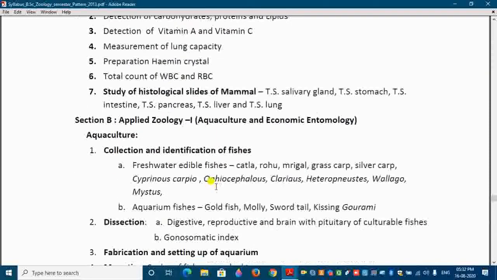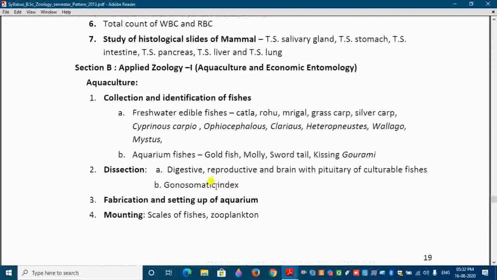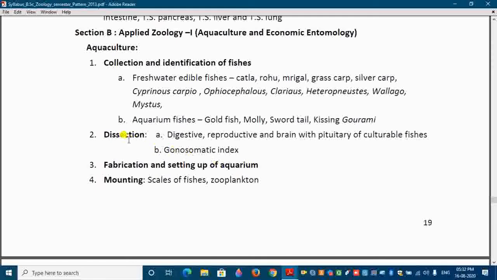Then in section B, applied zoology, on aquaculture, there is collection and identification of fishes. You can visit local lakes and collect local fishes for observation as specimens, like katla, rohu, mrigal. Freshwater fishes are there, and some aquarium fishes. You can visit any aquarium and observe all these fishes, as well as collect some local fishes for dissection.